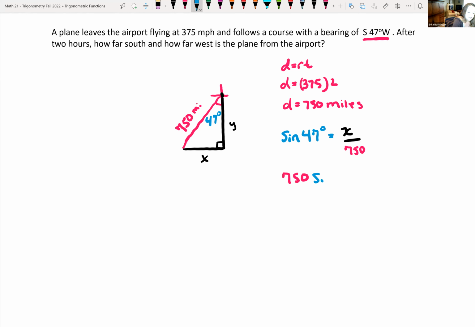So 750 sine of 47 degrees is equal to what X is. So that gets me approximately 548 and 5/10 of a mile.